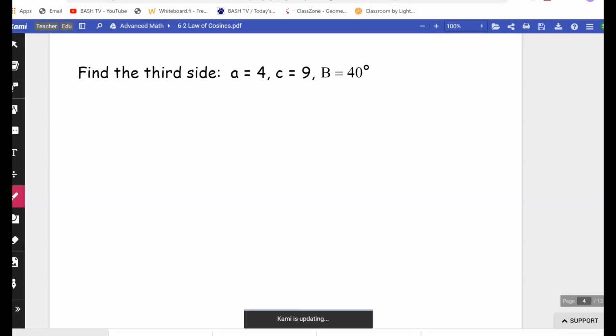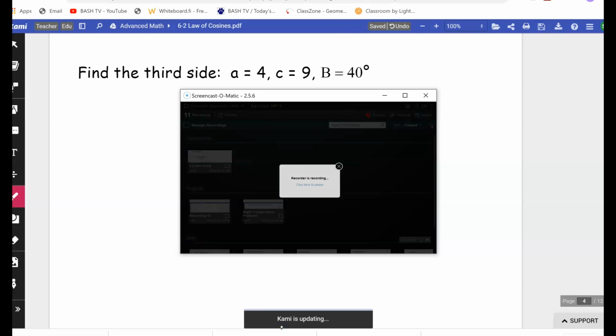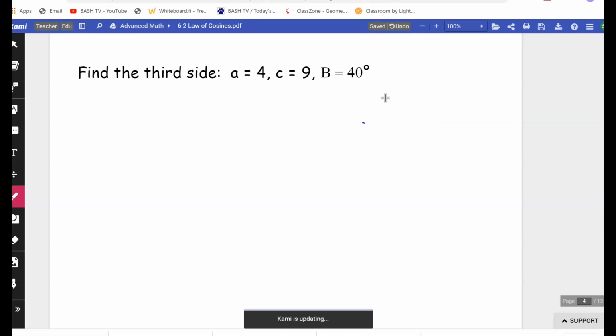In this example, I'm going to just take it one step at a time. I want to find the third side of this. I look at this as a side angle side case. Now, how do I know this is side angle side compared to what we just did, which was SSA?